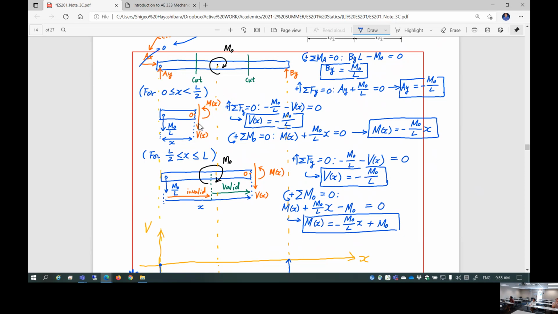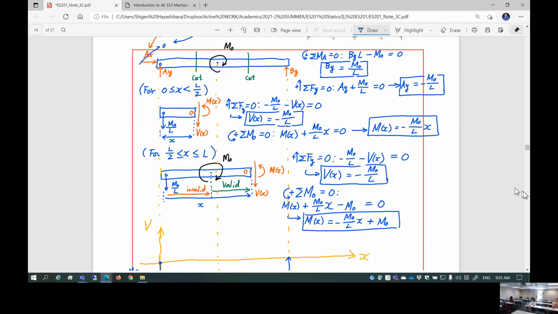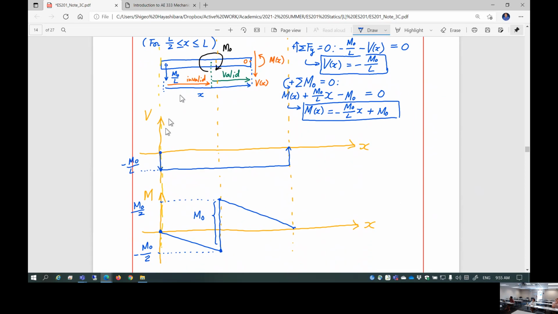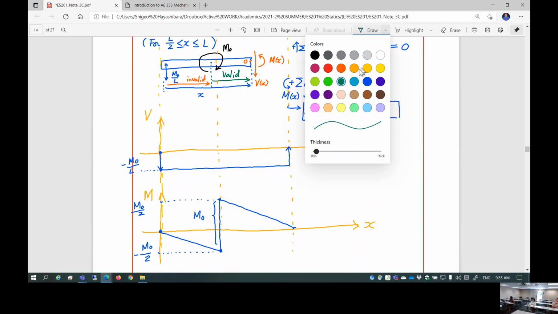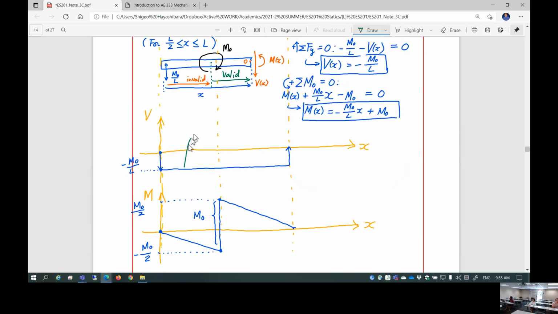If you cut into the beam, you can develop the internal shear and moment as a function of x, right? That is essentially the same as this. Of course, in this problem, you determine shear as a function of x. This is actually not a function of x. It's a constant, minus M0 over L. Mathematically speaking, it's a constant value.